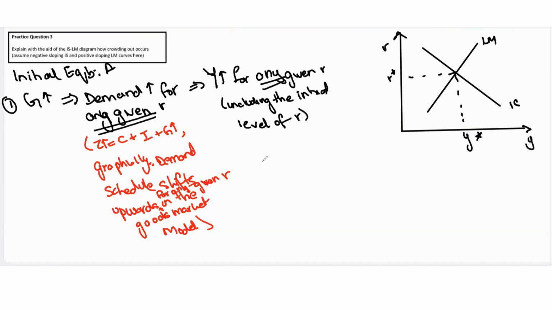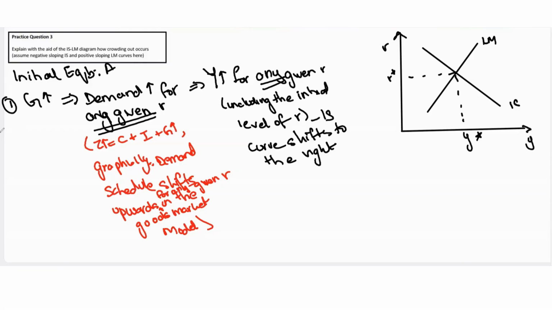Essentially, this is what we mean when we say the IS curve shifts to the right. That's why the IS curve shifts to the right: because when G increases, demand increases for any given R, so Y increases for any given R.